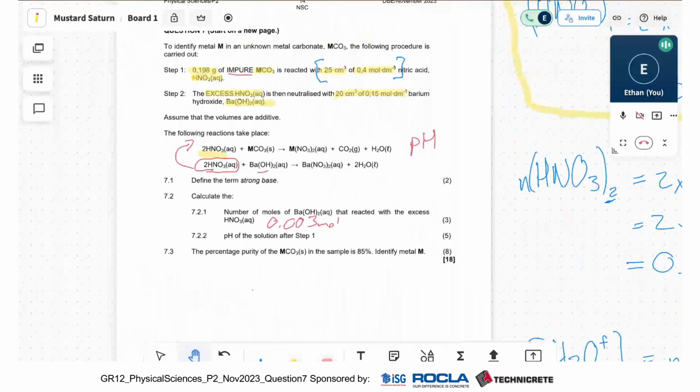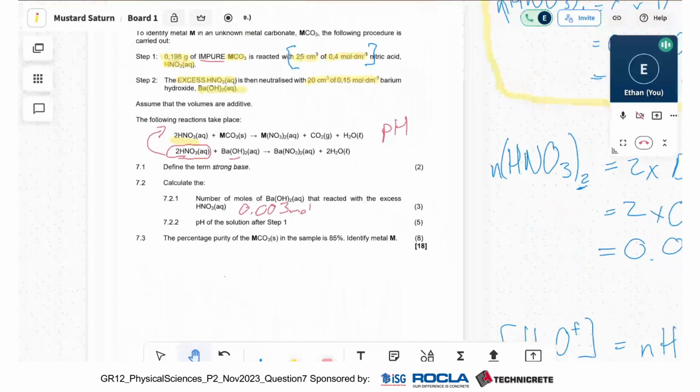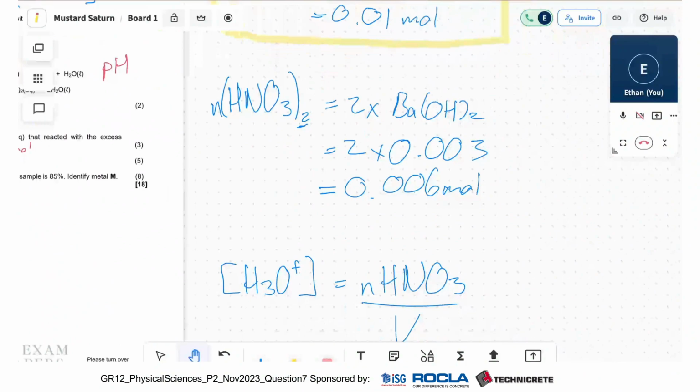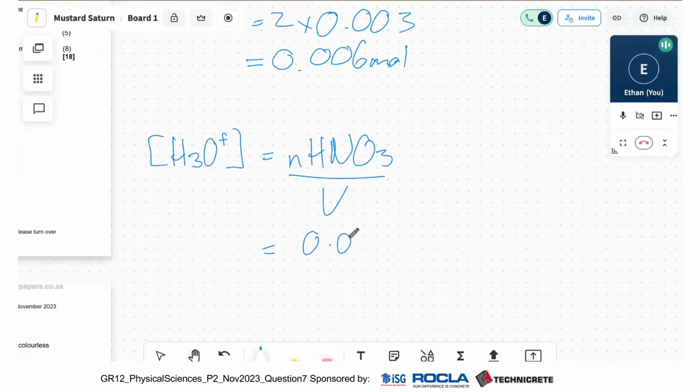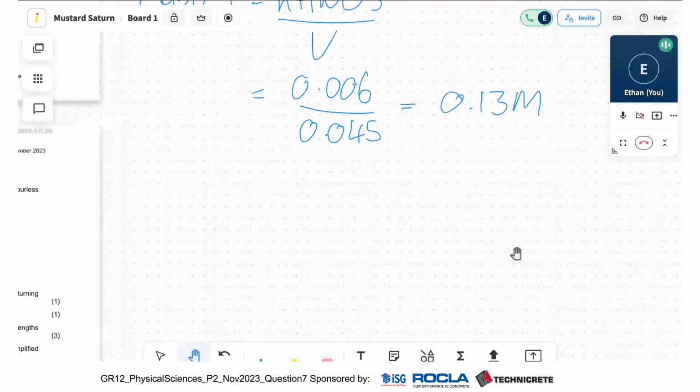So before the reaction actually happens, you have a total volume of about 45 cm3. So substituting in here, we have 0.006 over 0.045, and then we get 0.13 as the concentration before the second reaction.